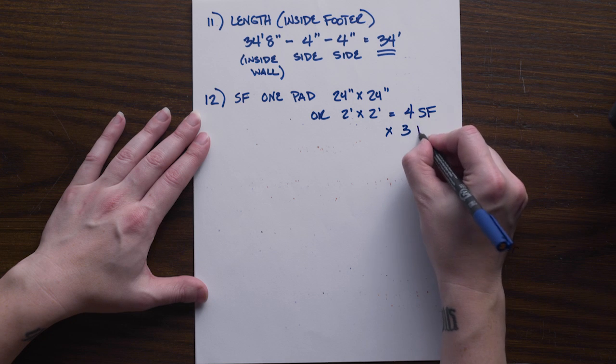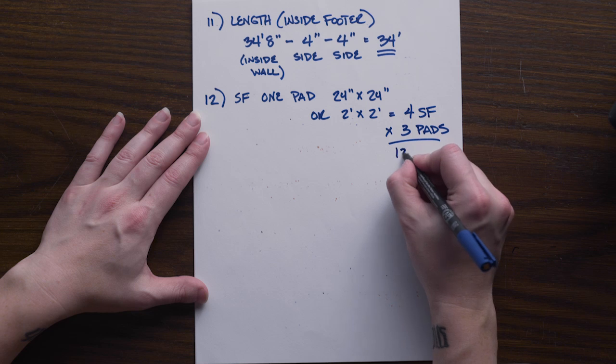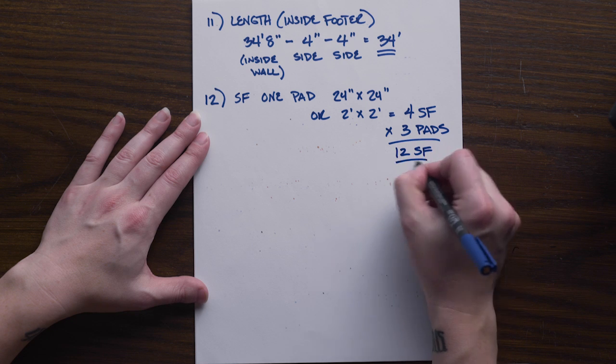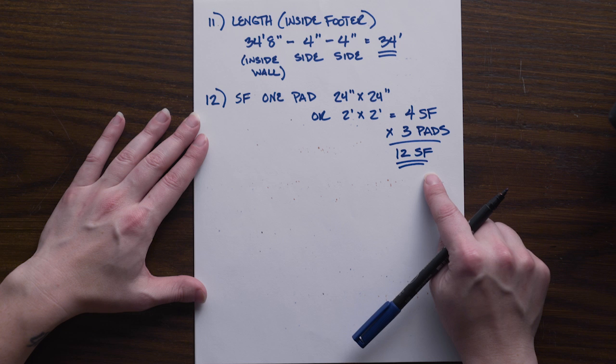We have 3 pads that are all the same size, so a total of 12 square feet is our square footage of concrete footings underneath our adjustable posts.